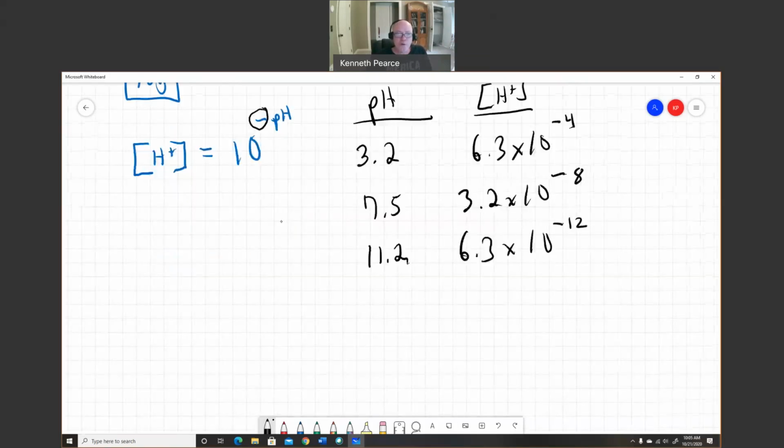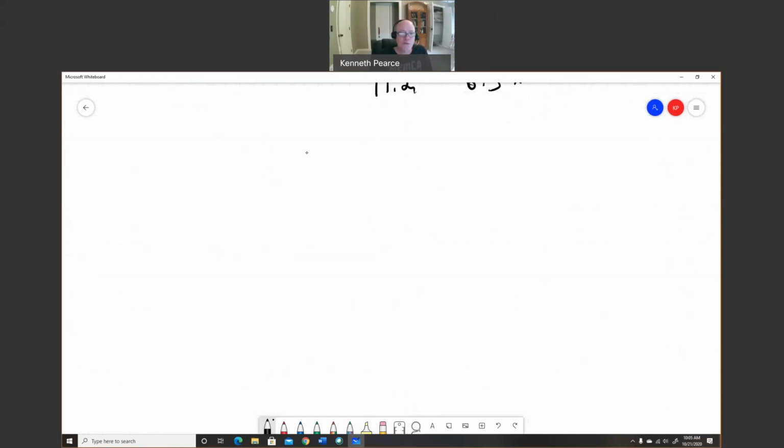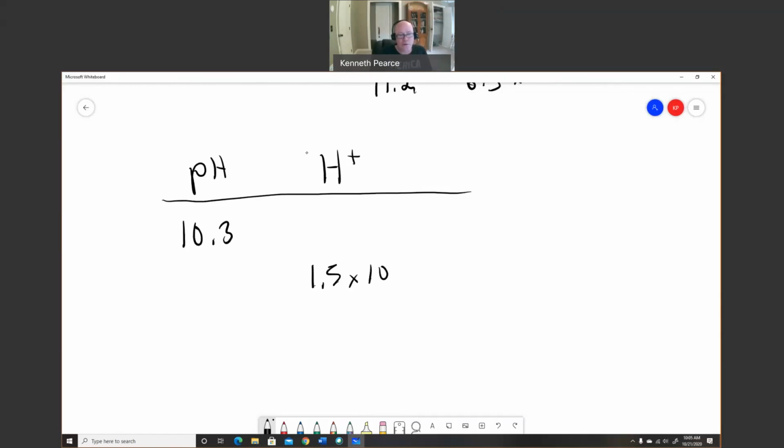Now our final skill is that, given a very short table, we should be able to say pH, H+, and go back and forth between these. So we should be able to say, pH of 10.3, and let's say we had an OH minus of 1.5 times 10 to the minus 10.